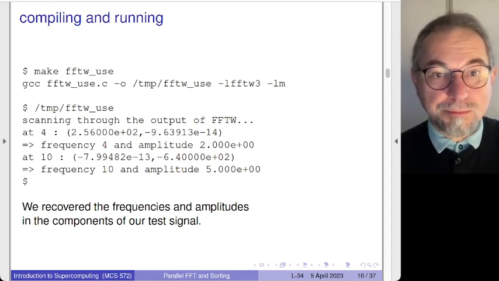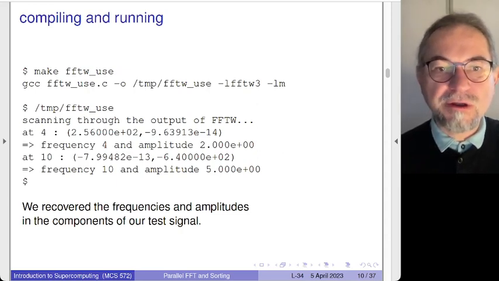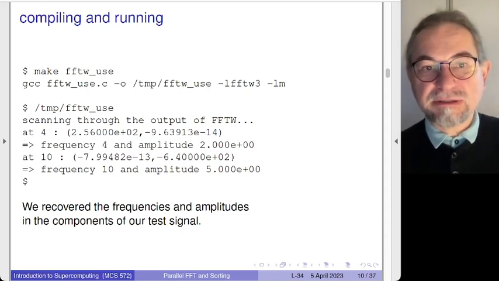Here we have 2 components, remember, in the test signal, one with frequency 4 and amplitude 2, and another one at frequency 10 and amplitude 5. 2 and 5 are the amplitudes, 4 and 10 are the frequencies. So this is just a very simple test.